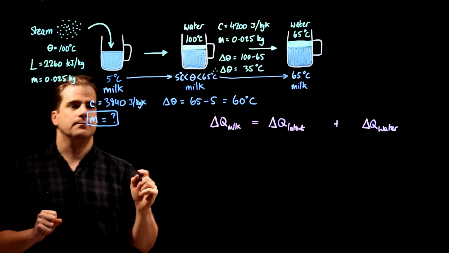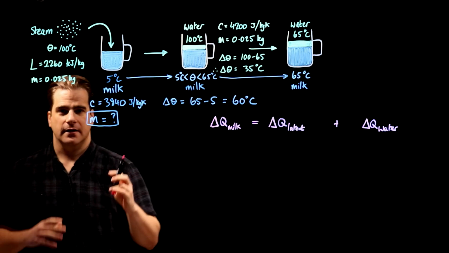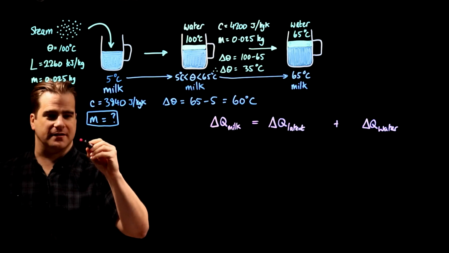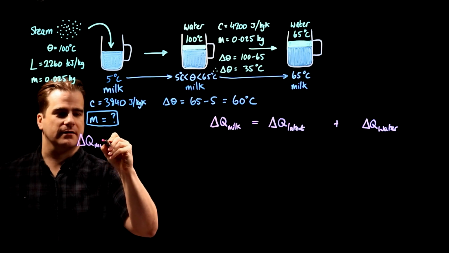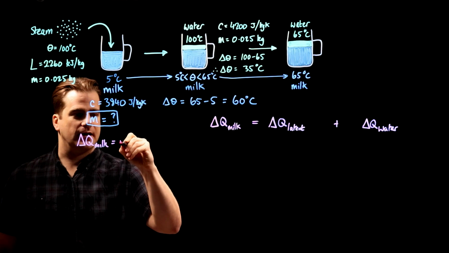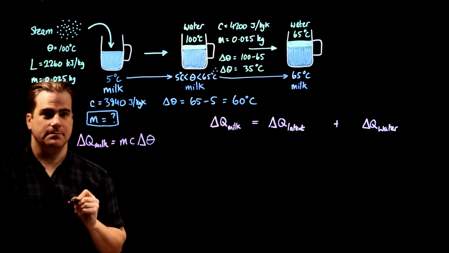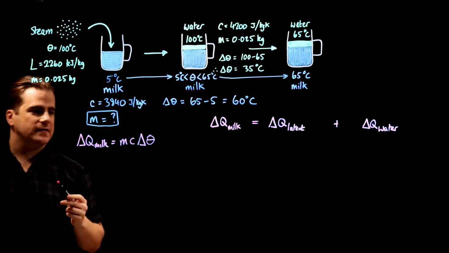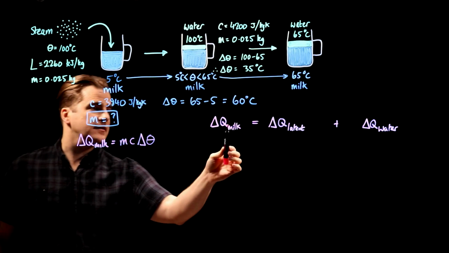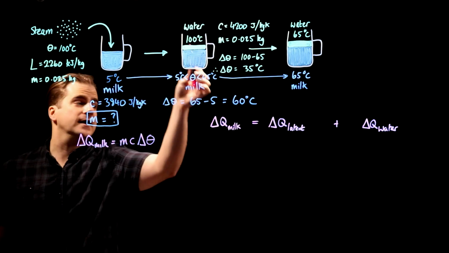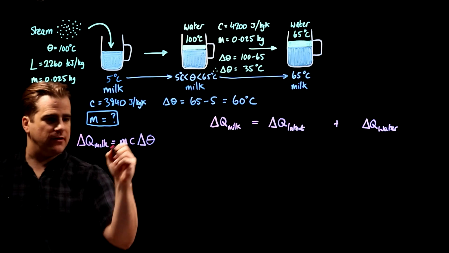Right, so c m delta theta, it's definitely wanting us to write down that delta Q of the milk is mc delta theta. So, like we talked about, the delta Q of the milk is equal to delta Q from the latent heat plus the delta Q from the water. So we want m, so let's rearrange for m.